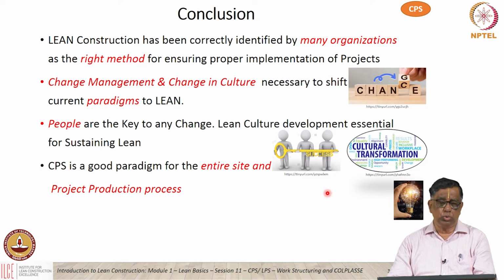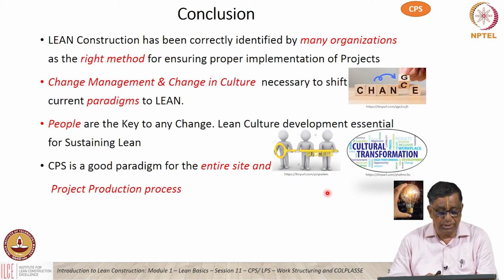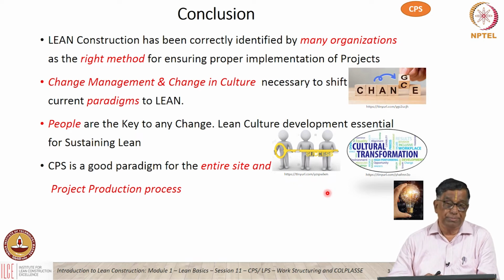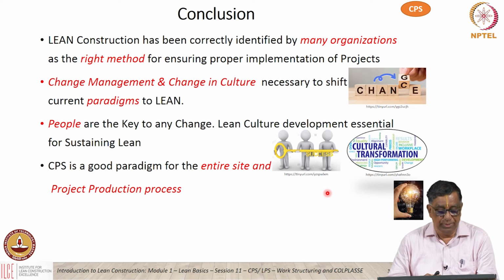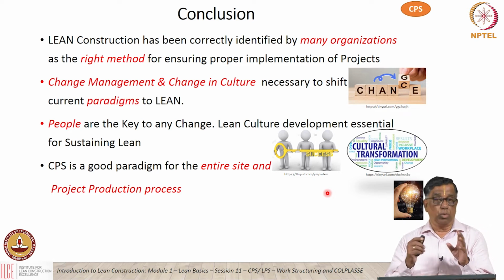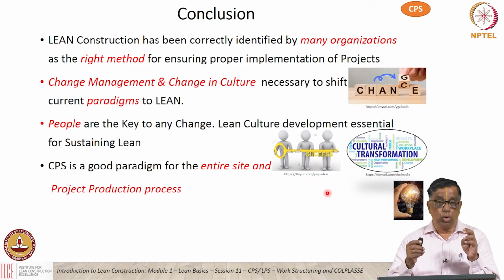All these improve to a great extent by practicing lean. Of course, you need to have a good change management process and a change in culture to be able to realize the benefits properly from lean. People are the prime movers, and people are the key to any change. So lean culture development is what drives people and will make people perform properly.